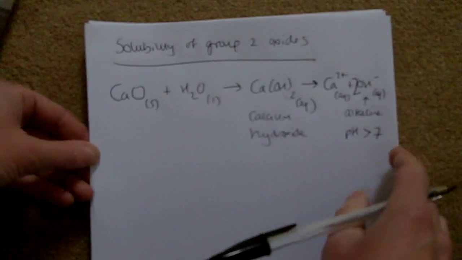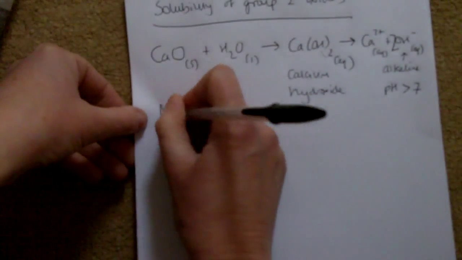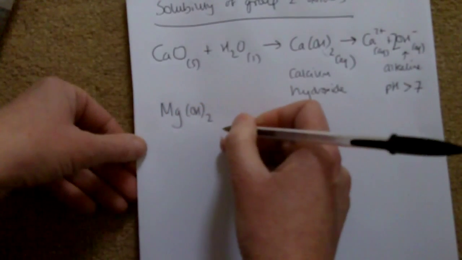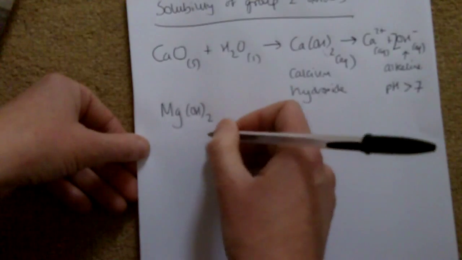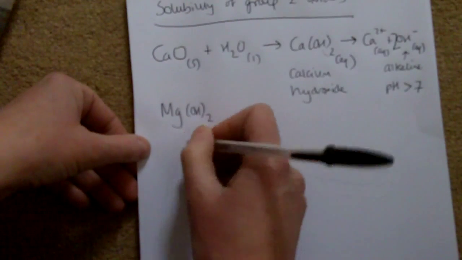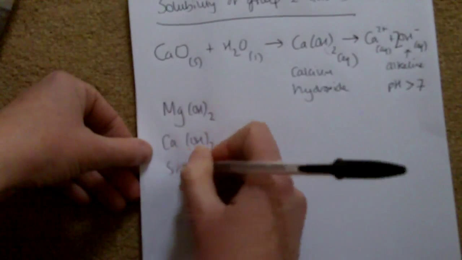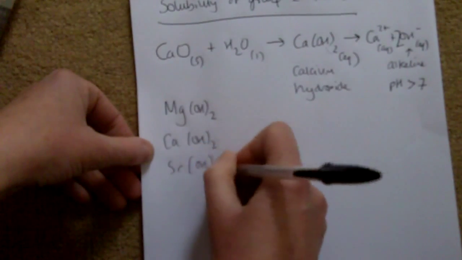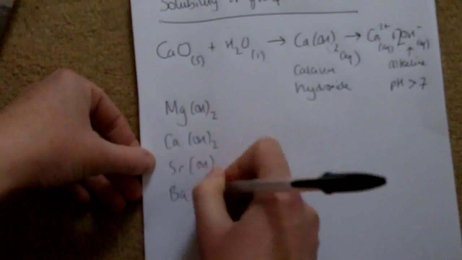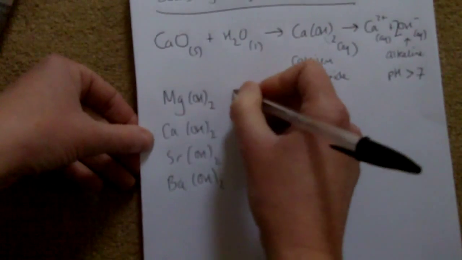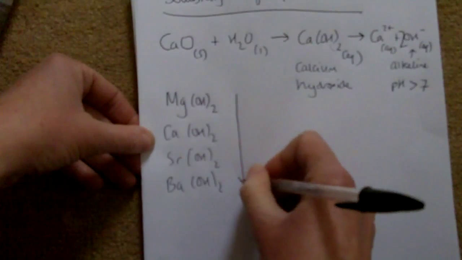Okay, now you need to know the trend down the group 2 hydroxides. If we take magnesium hydroxide, calcium hydroxide, strontium hydroxide, just the middle ones, barium hydroxide, okay, what's the trend in solubility?